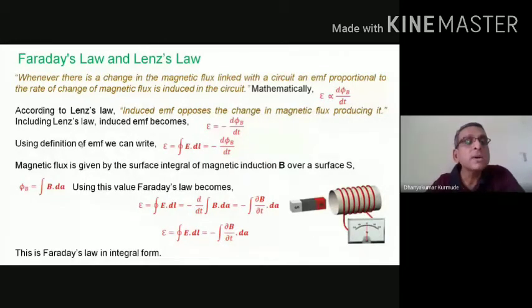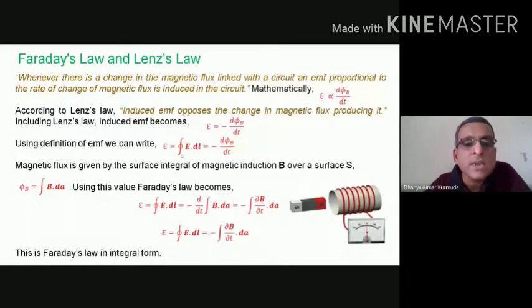And now, using the definition of electromotive force, we can write induced EMF is equal to the line integral, because here we have taken the line element dl, so integration of E dot dl. This is according to the definition of induced EMF.